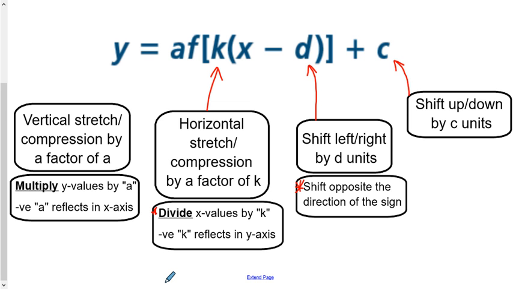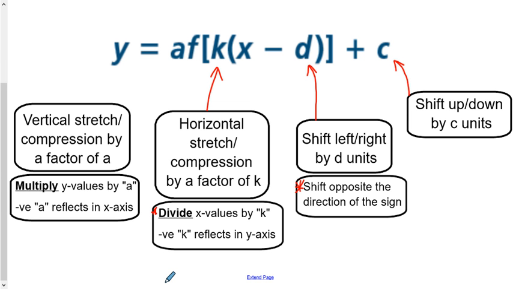If k is 4, we're going to divide all of our x values by 4. If k is a half, we're going to divide all of our x values by a half. Now when you divide by a half, that's the same as multiplying by 2. So if there's a fraction in there, it's going to act like multiplying, okay? But you're going to divide all of your x values by whatever that is.